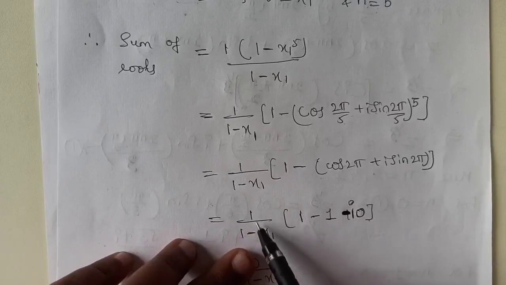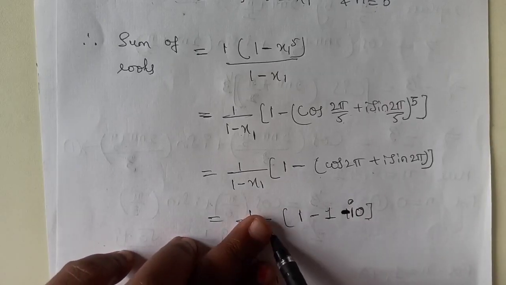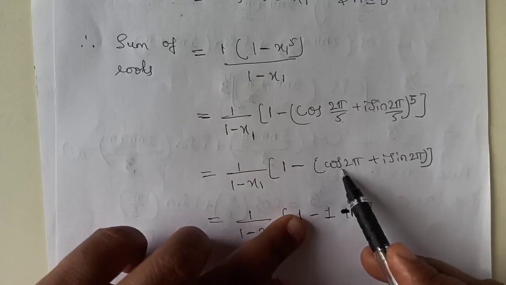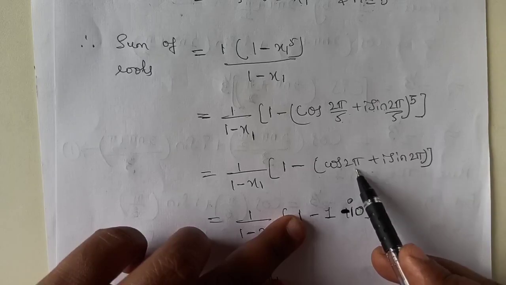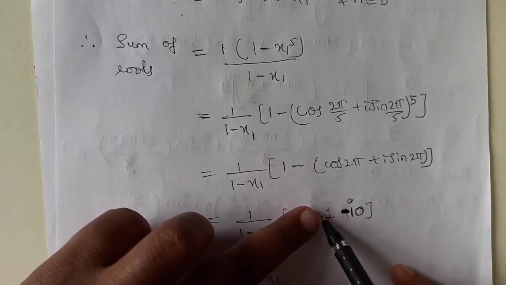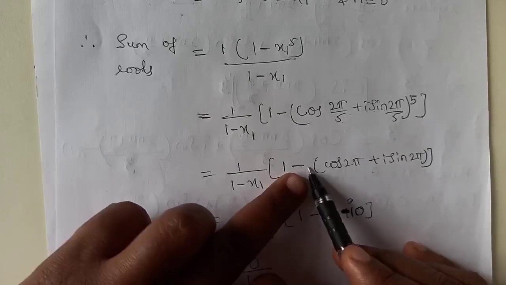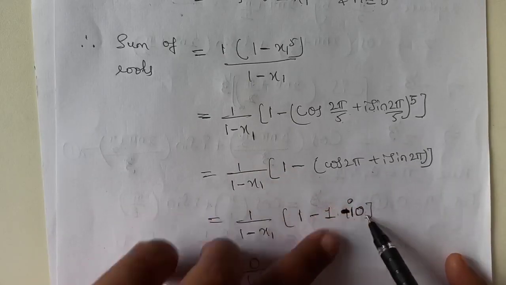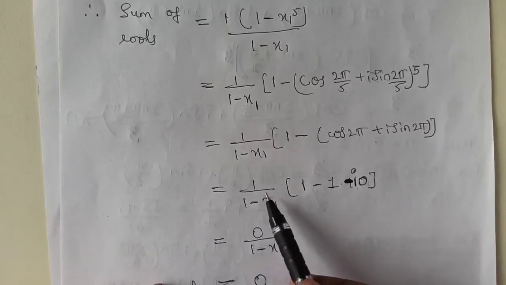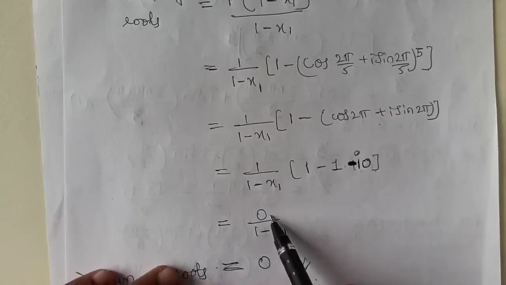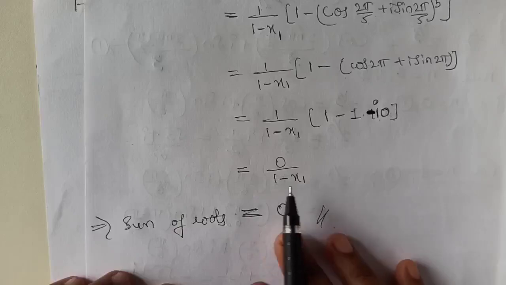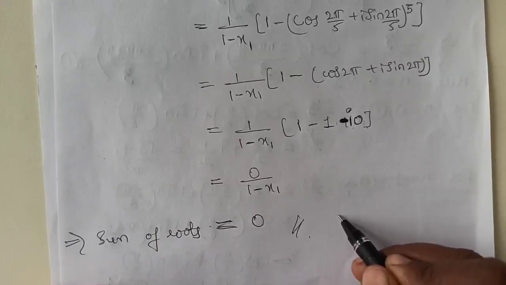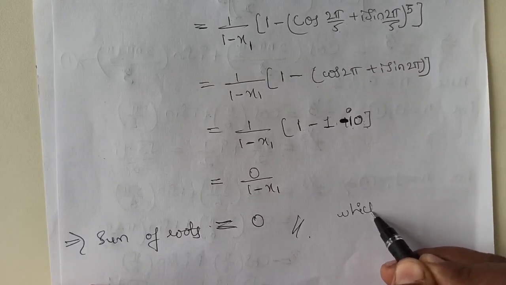Next, 1 by 1 minus x1 as it is, 1 as it is, cos of 2 pi is equal to 1, so here we have 1 minus 1, and i as it is, sin of 2 pi is equal to 0. So we get 1 minus 1 equal to 0, hence the sum of the roots is equal to 0, which is our required proof.